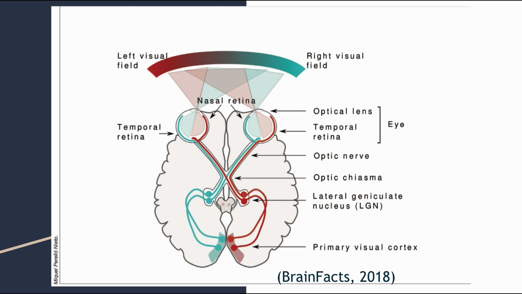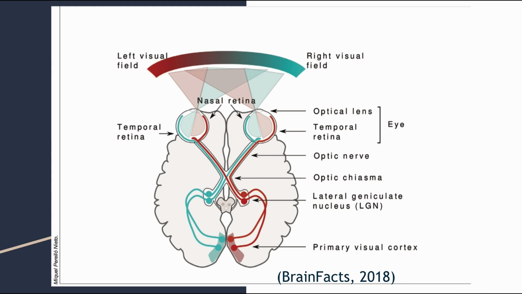You may have heard that your right brain processes the information from the left side of your vision, and your left brain processes the information from the right side of your vision.